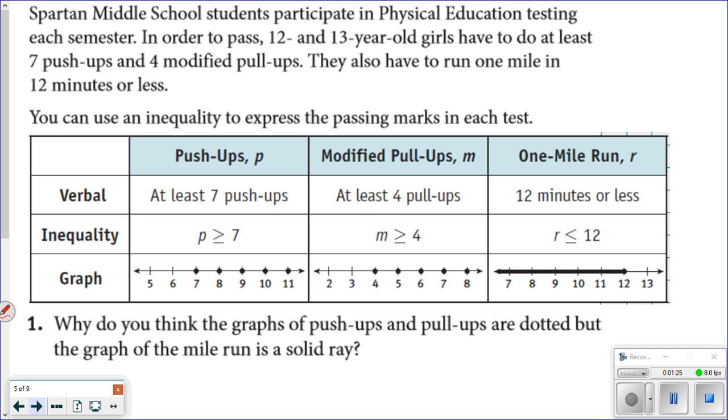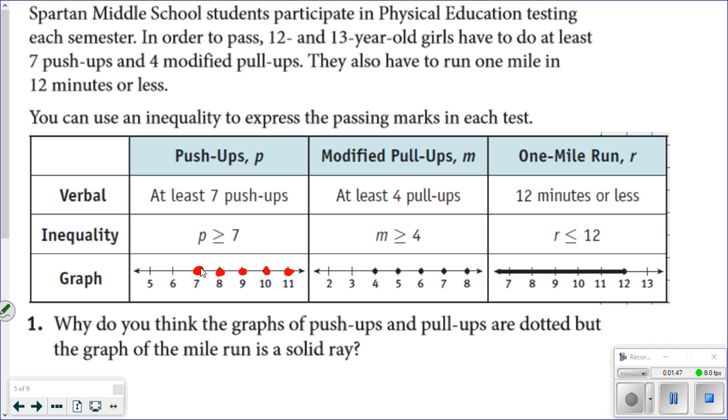And then if we look at the graph, I have a dot at 7, 8, 9, 10, 11, and so on, all the numbers greater than or equal to 7. Modified pull-ups: they need to do at least 4 pull-ups in order to pass.